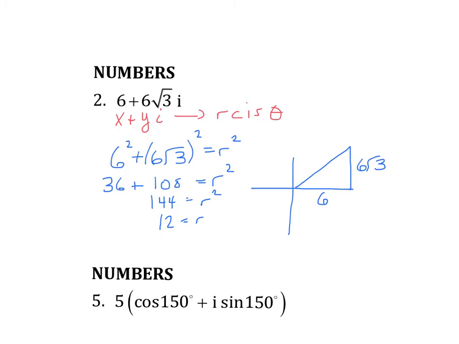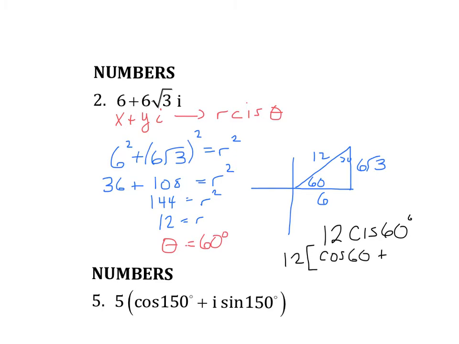If you divide by 6, you know where your root 3 is, so that's next to the 30. So there's your 30, 60, 90, which makes the hypotenuse 12. So the reference angle is a 60, you're in the 1st quadrant, so then your theta is 60 degrees. So the r cis theta would be 12 cis 60, or expanded out, 12 cosine 60 plus i sine 60.